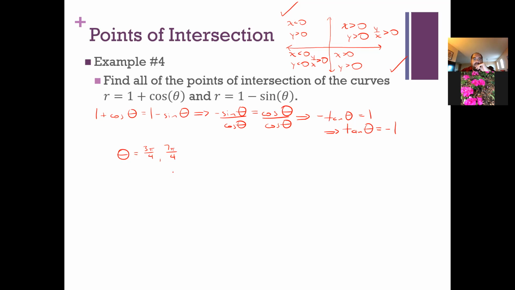Right, and the radii that go with those are: sine of 3 pi over 4 is radical 2 over 2, so 2 minus radical 2 over 2, at 3 pi over 4.